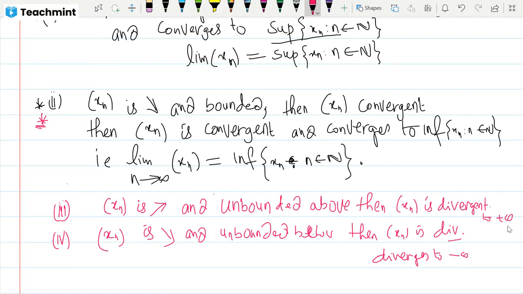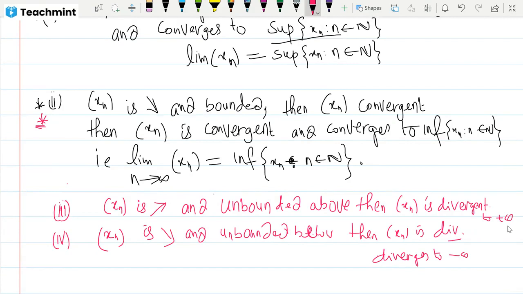If the sequence is monotonic and bounded, then the sequence converges. The second result, if and only if, both ways it is true. If it is monotonic and convergent, bounded, that is obvious, one side is obvious. But see the other side: monotonic and bounded, then it is also convergent. We split the second result. If xn is increasing and bounded, then it is convergent and converges to the supremum of the range set.